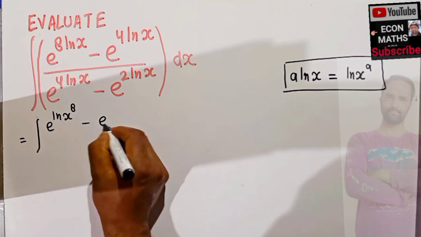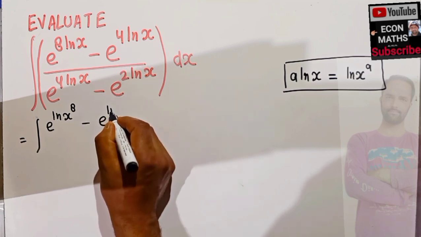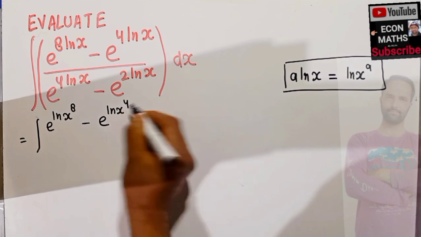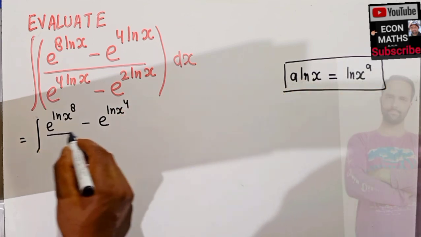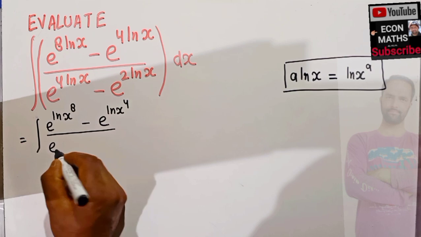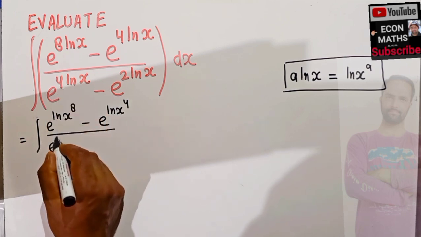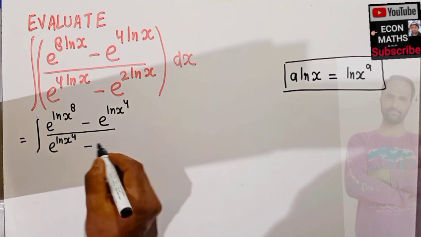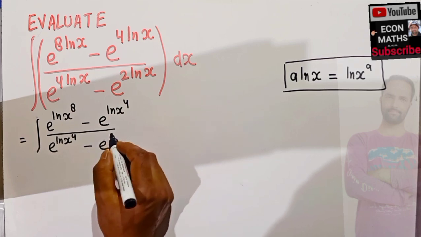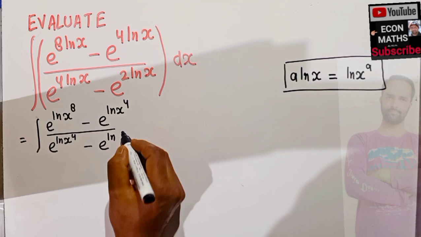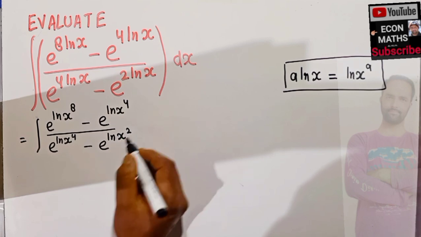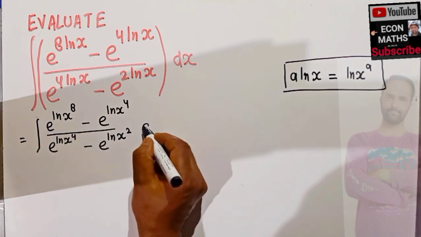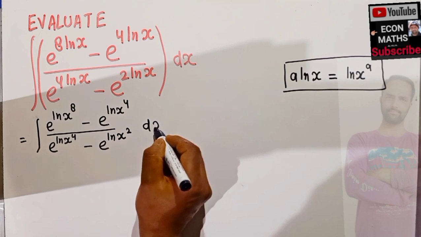Similarly, here we can write e^(ln of x^4) using this property, divided by e^(ln of x^4) minus e^(ln of x^2), and we have to evaluate it with respect to x.